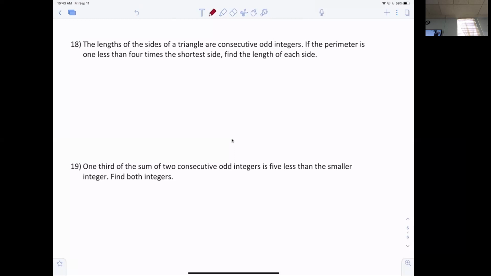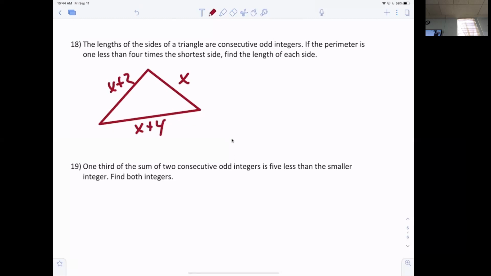What's the perimeter? All right. Here we go. Let's draw your triangle here. And we said X, X plus 2, X plus 4. Beautiful.